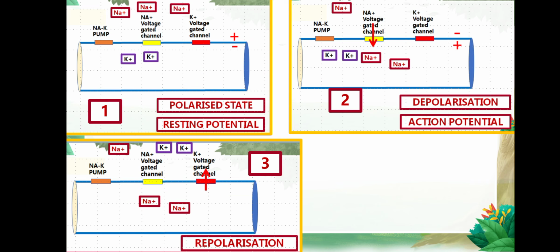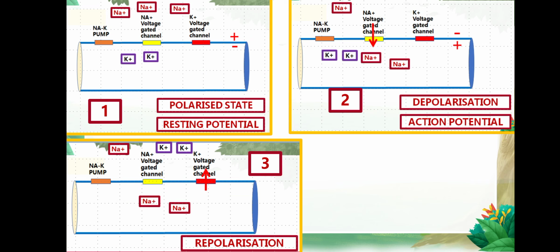This is one of the options in the question. Remember this: in case of any stimulus, the sodium voltage gated channel opens and depolarization takes place, and this is known as the action potential.